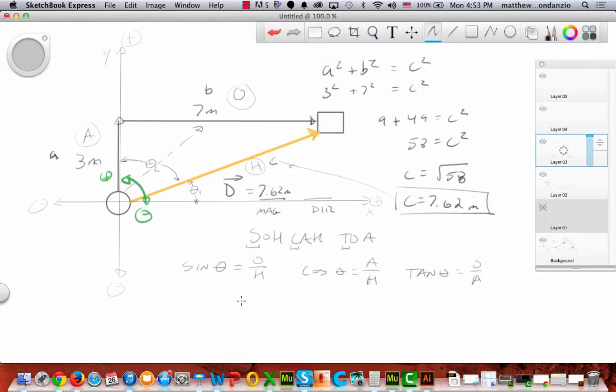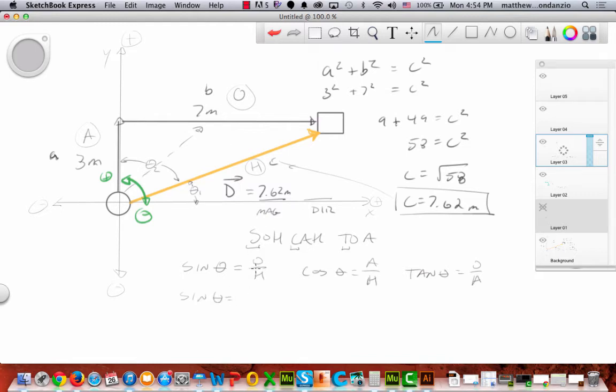So this is how you get your angle if you knew your opposite and your hypotenuse, or your adjacent and hypotenuse, or opposite and adjacent. For instance, if I was looking for the angle, sine of theta would equal, in this case, opposite and hypotenuse, our 7 meters over our 7.62 meters, right?